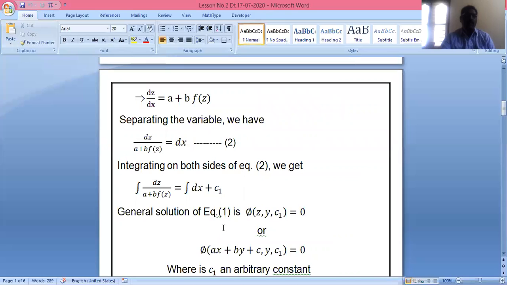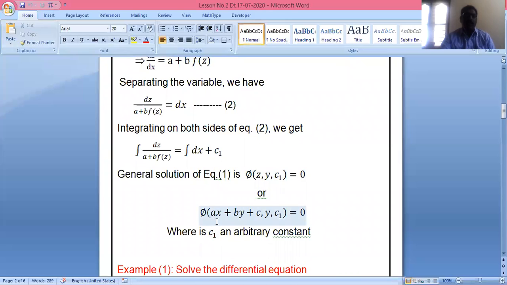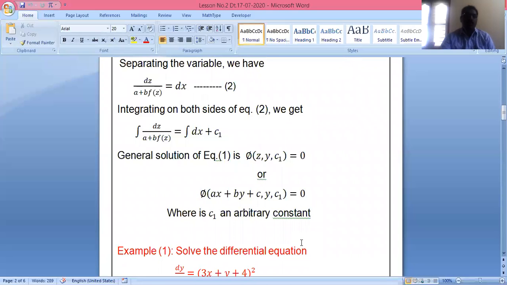General solution of equation 1 is phi of z comma y comma c1 is equal to 0, or phi of ax plus by plus c comma y comma c1 equal to 0, since z is equal to ax plus by plus c, where c1 is an arbitrary constant. Now we learn some examples based on this theorem.